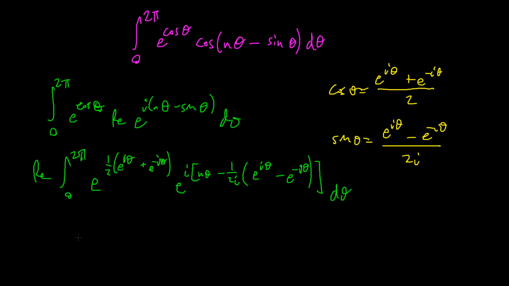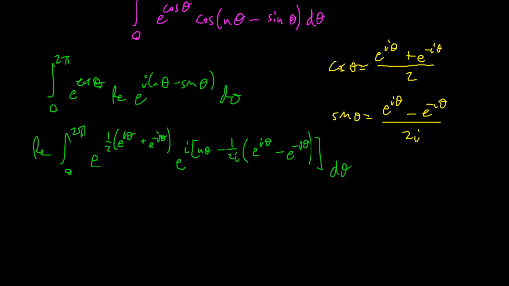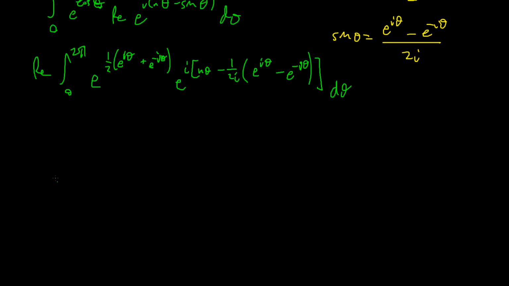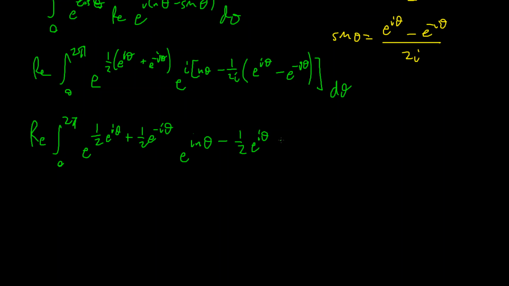So let me simplify them first. This is going to be the integral from 0 to 2π, e to the 1/2 e^(iθ) plus 1/2 e^(-iθ). This is going to be e^(inθ). Now this i here is going to cancel with the i in the denominator, so this is going to be minus 1/2 e^(iθ), and then plus 1 over 2 e^(-iθ) dθ.